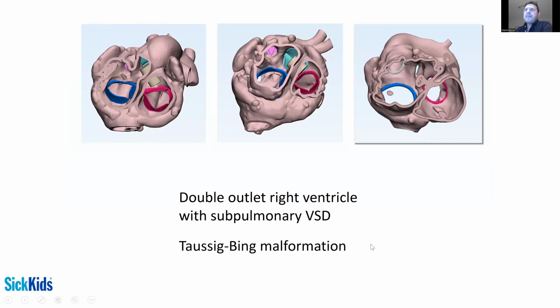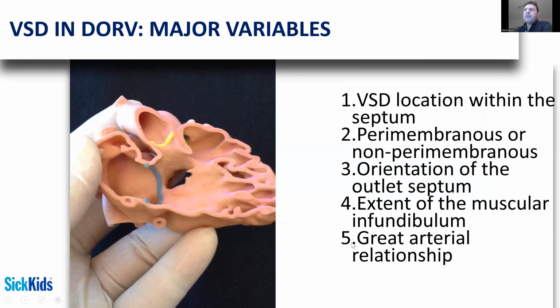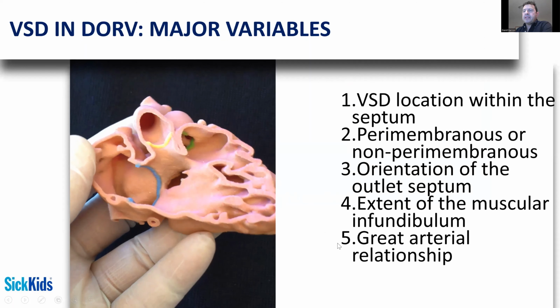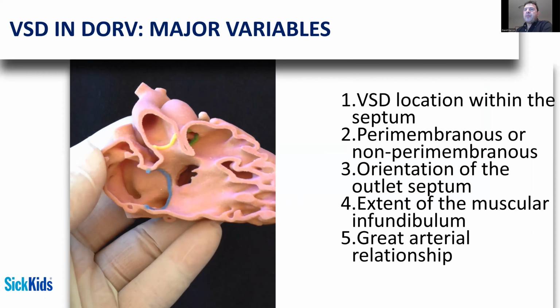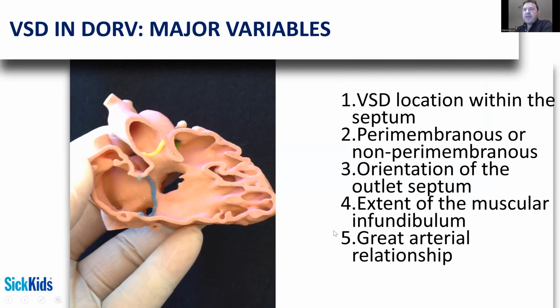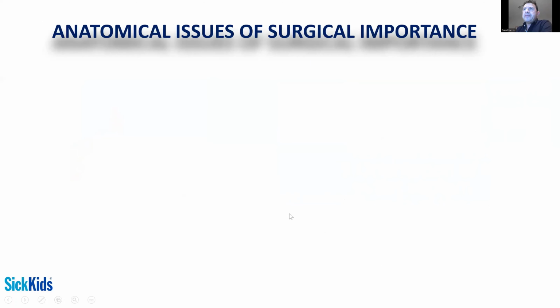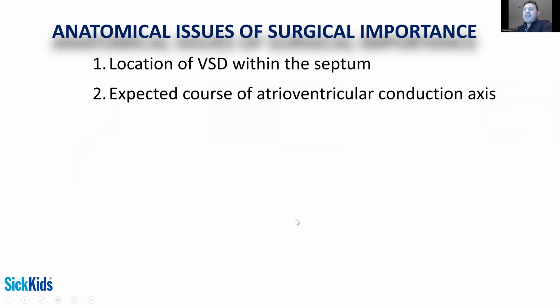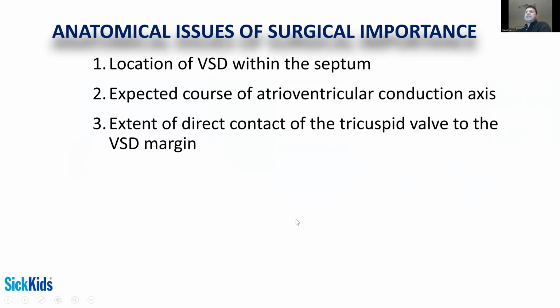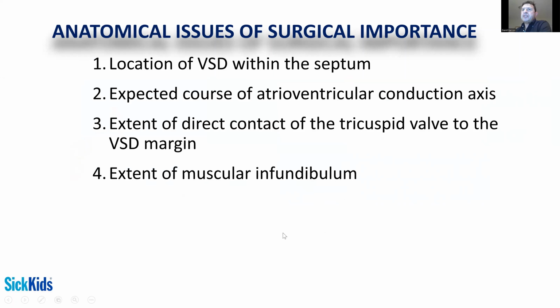So let's move on. We've talked about this enough. We've understood the important things to take on board when assessing all these difficult hearts with DORV. So remember about the location. Got to think about where the AV conduction axis is going to be. Think about, is the tricuspid valve in continuity with the VSD margin?